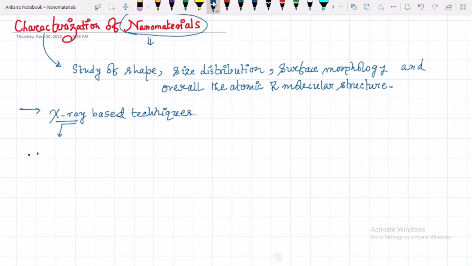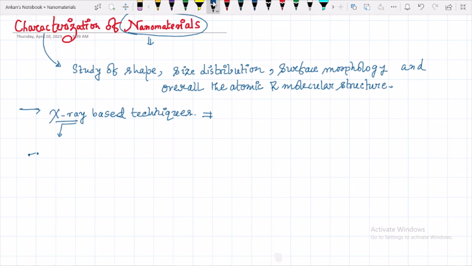Since they are comparable, it causes a diffraction phenomenon, and from this diffraction pattern we can study the structure and arrangement of the planes in the crystal. So nanocrystals can be studied with the help of X-ray based techniques.